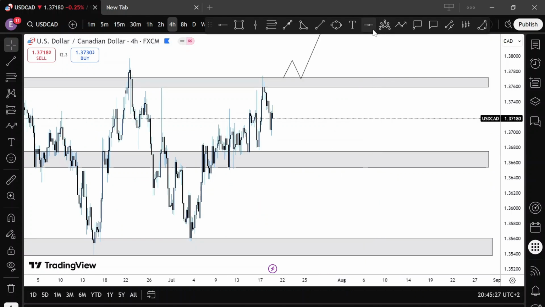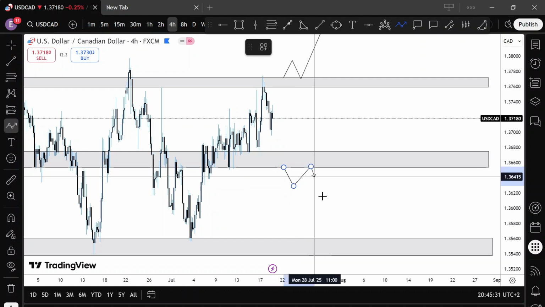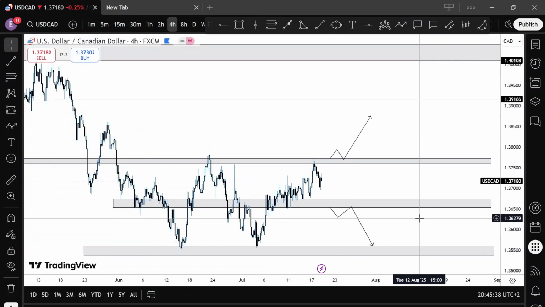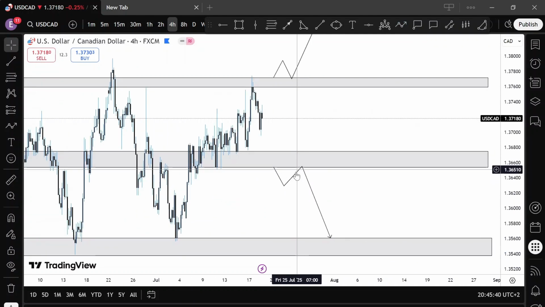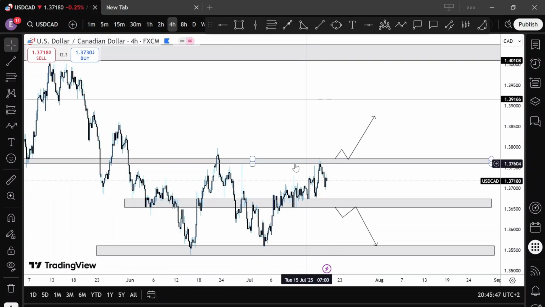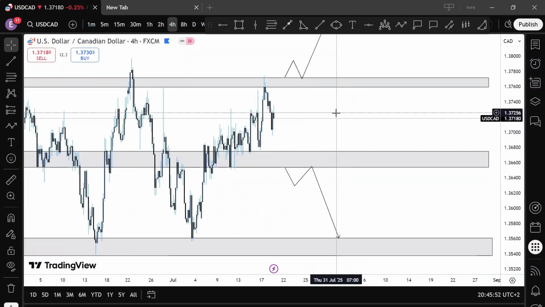Or we could see price break below these regions here, and let's see price come retest back 1.3550 regions below that. So this is what I'll be looking out for. It's currently creating a higher high, higher low, higher high, higher low. So I want to see price really make a new high, breaking off this resistance, and let's see if we can continue buying price to the upside.